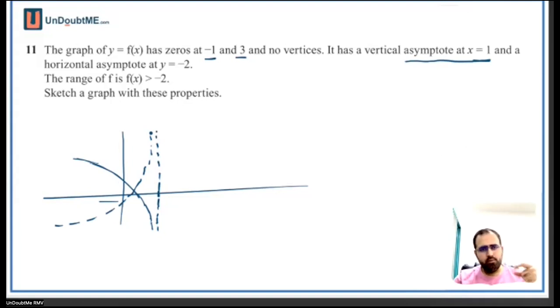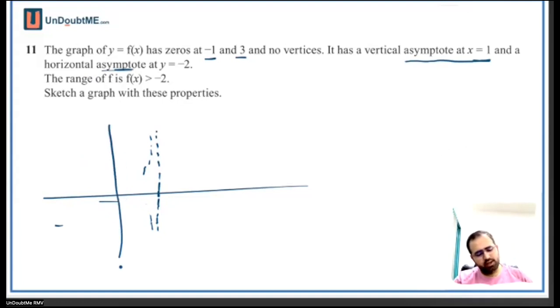Before deciding that, let us talk about the horizontal asymptote. The horizontal asymptote is at y equal to -2, so y equal to -2 will be over here. It means that the graph will not be defined at these lines.